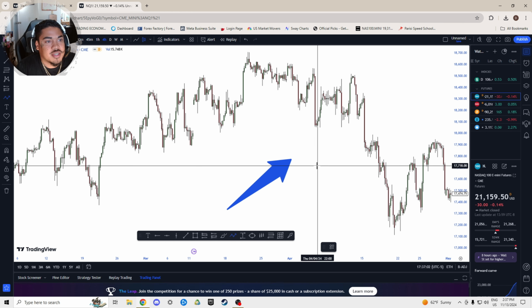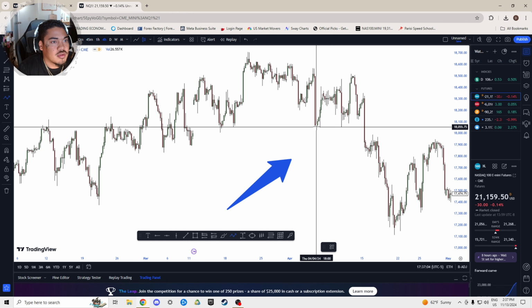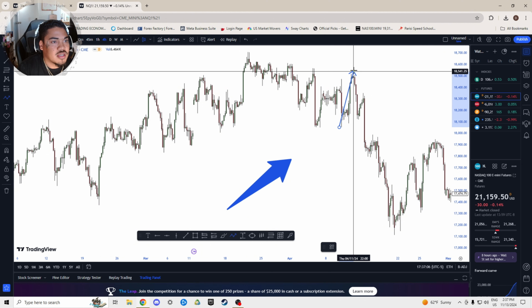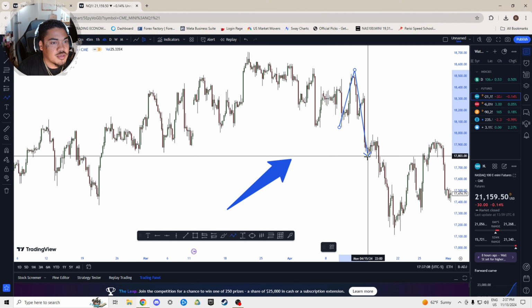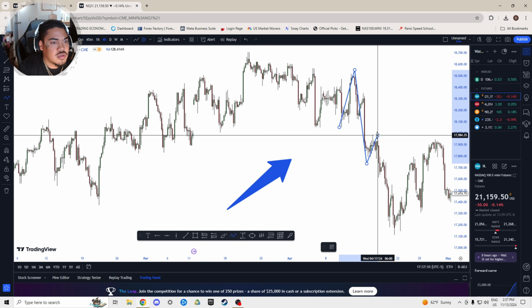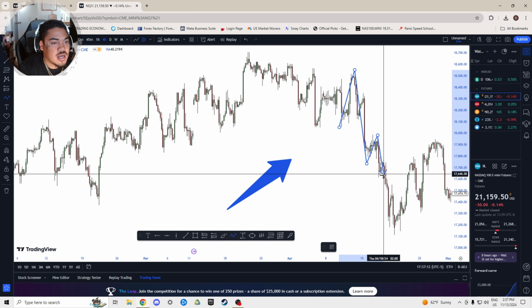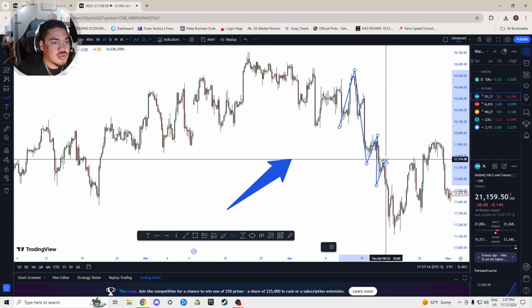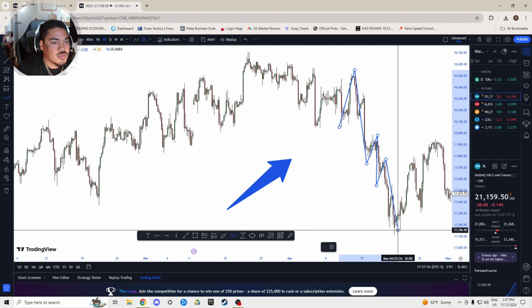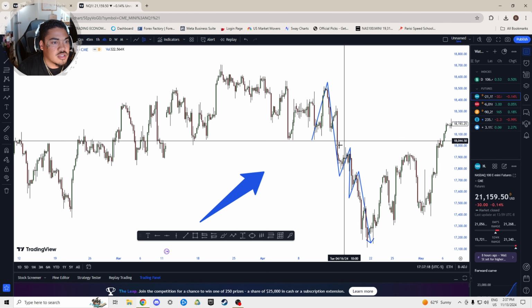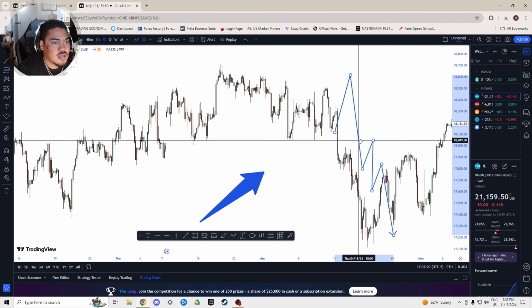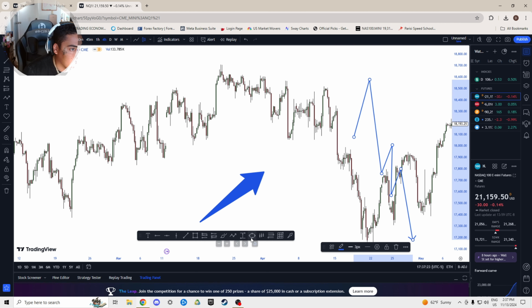So as y'all can see right here, realistically we got boom, comes down, makes a low, boom, makes the lower high, lower low, lower high, lower low. Y'all see that in there? Let me just circle in them.